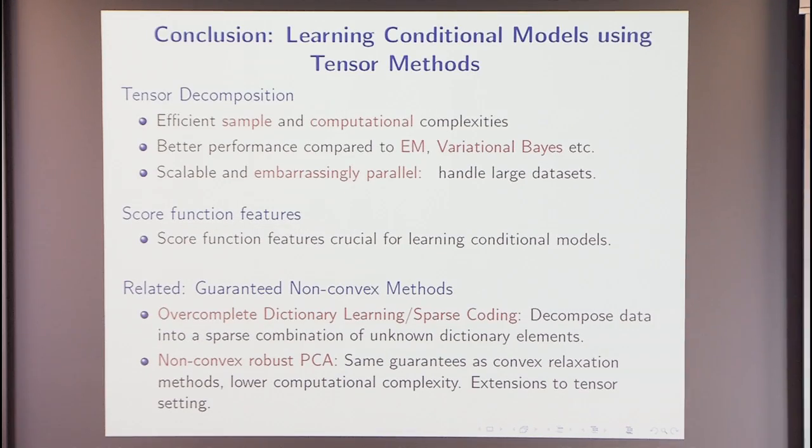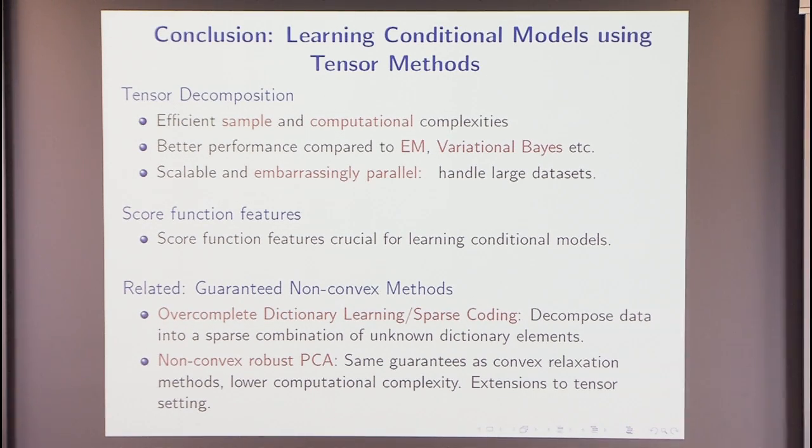To conclude, we found these tensor methods to be highly effective for learning conditional latent variable models as well. The idea is that even to estimate the label given the input, it's crucial to incorporate the input distribution. We saw that score function features are the relevant information about the input distribution needed for estimating these conditional models.